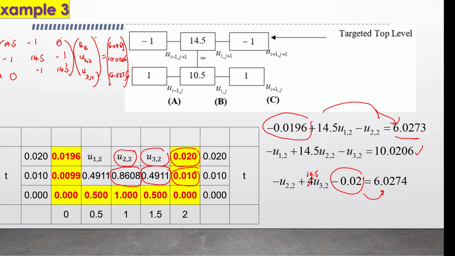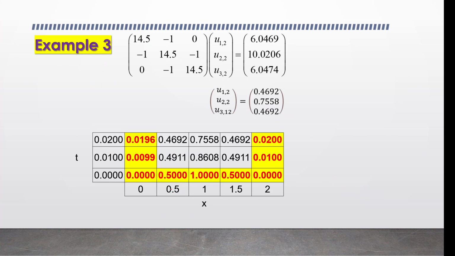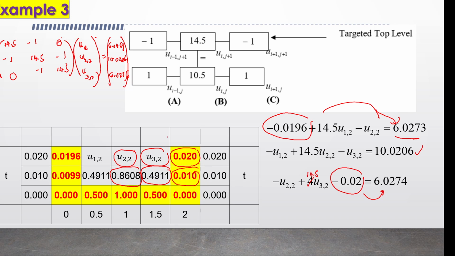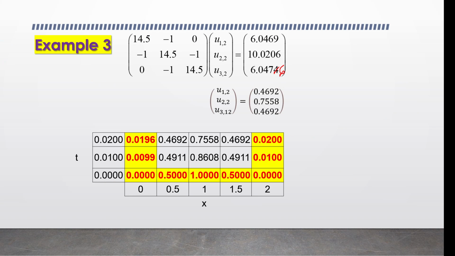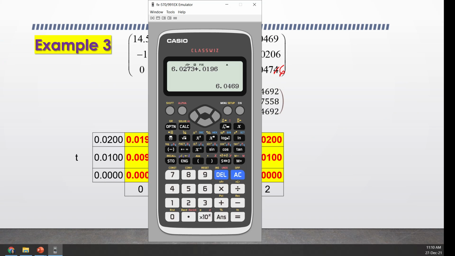I think there is some mistake. This one should be 6.0276, and this one 6.0469. This is 6.0274, add 0.02, 6.0276.